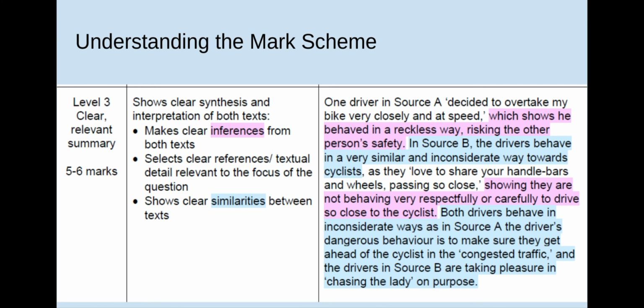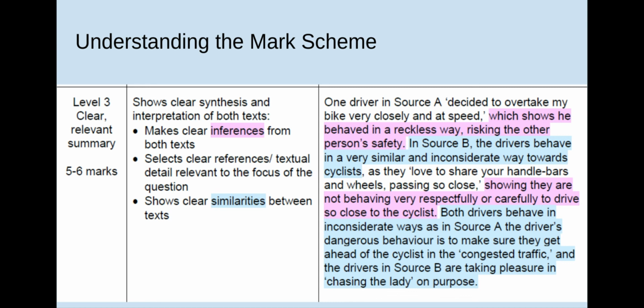And if we look at a level 3 response for the summary question from a sample mark scheme, looking at the similar behavior of the drivers, the question we had earlier on: one driver in source A decided to overtake my bike very closely at speed, which shows he behaved in a reckless way, risking the other person's safety.